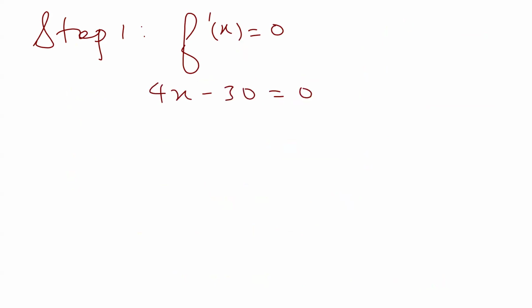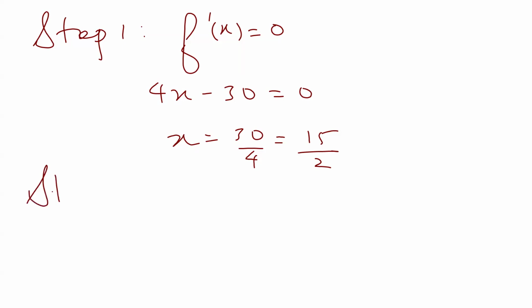Calculate the value of x. So x is equal to 30 upon 4, which is equal to 15 upon 2. The value of x is 15 upon 2.